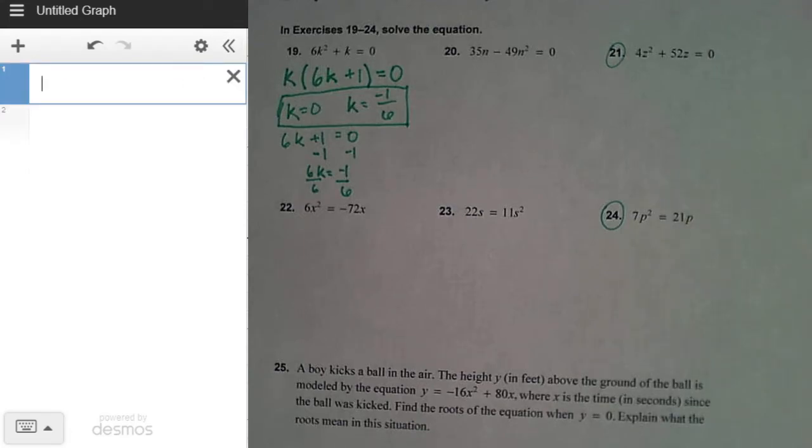All right, let's go ahead and look at number 20. So number 20, we have 3n minus 49n squared. So one of the first things that I see is I have this written in a way that is not standard form.